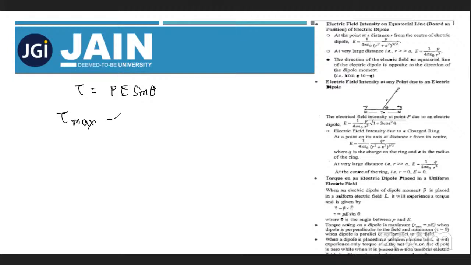Tau will be maximum when sine theta is maximum, and sine theta is maximum at 90 degrees. So that time it will be equal to PE, when theta is 90 degrees. Tau will be minimum when sine theta is 0, because sine 0 degree is 0. So this is there when theta is 0 degrees. Only if you remember the formula, that's enough.